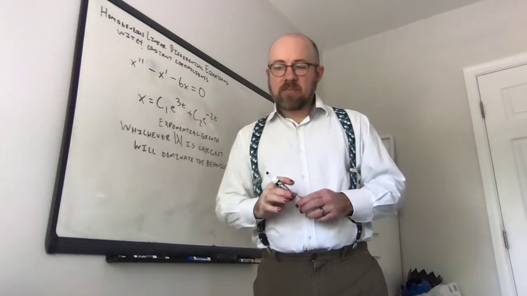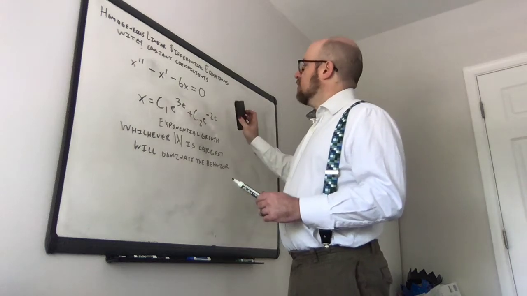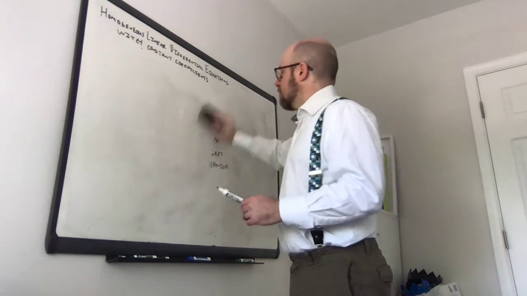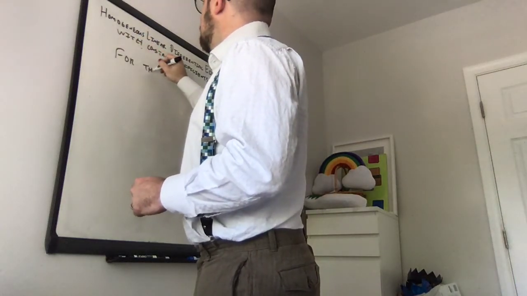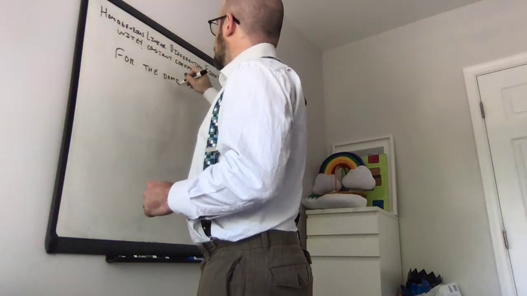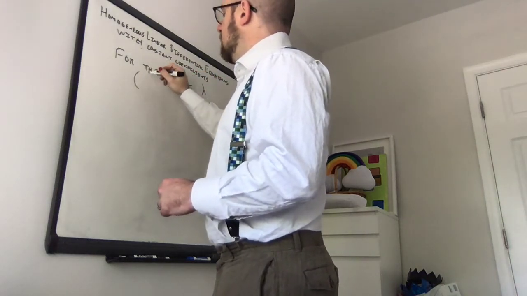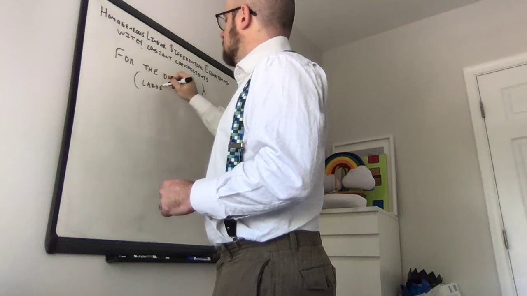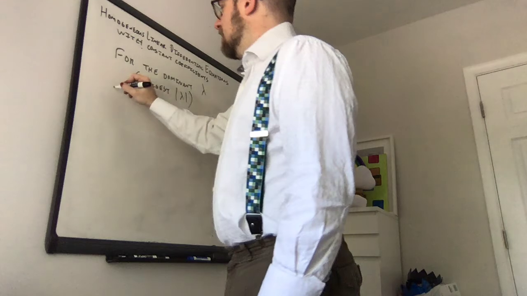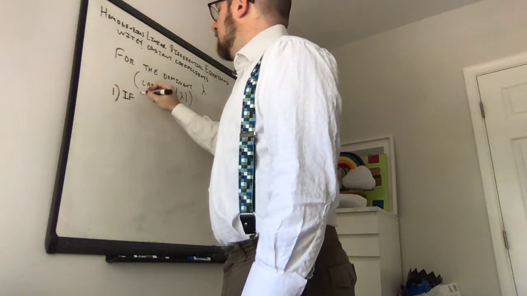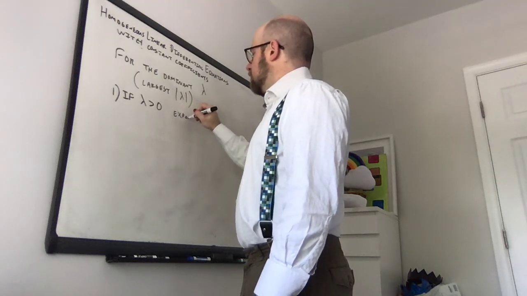And we can split this up in much the same way that we've thought about this before. So for the dominant lambda, which means the largest absolute value, if lambda is greater than 0, we'll get exponential growth.